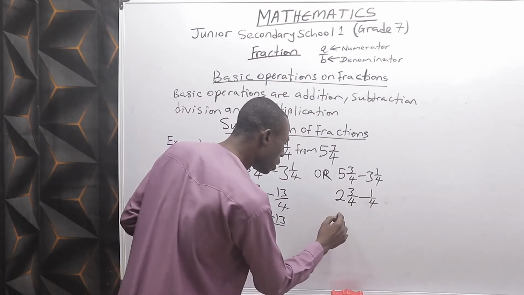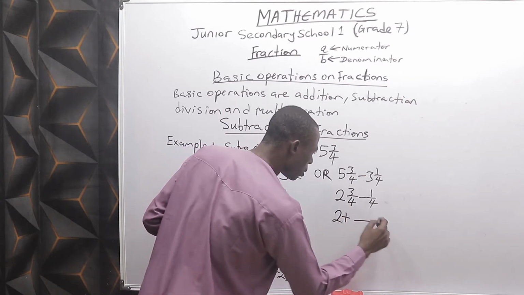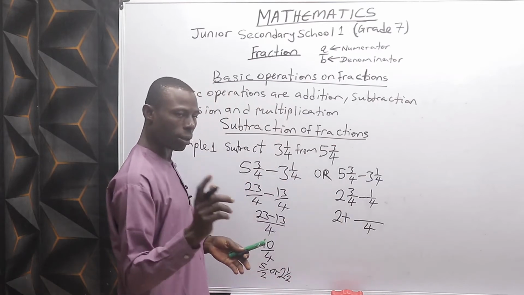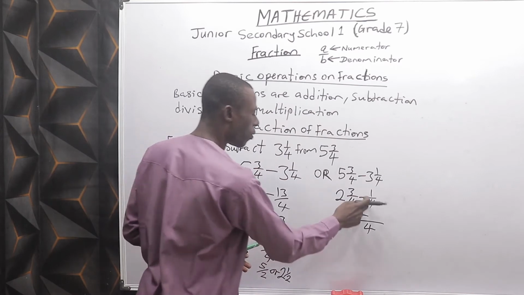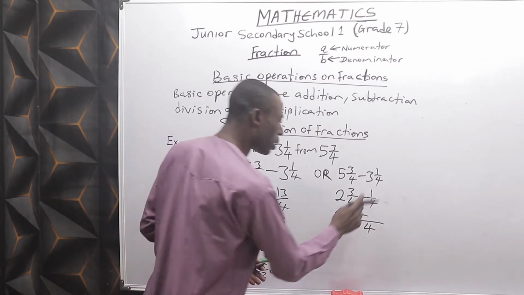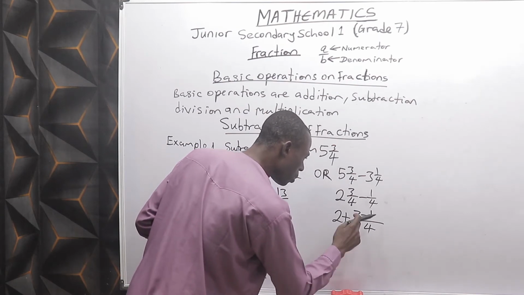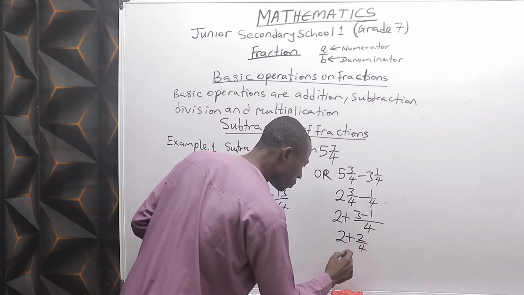Either of the way. So if you rewrite it as 2 plus, the LCM of this is 4. We have 4 in 4 is 1. 1 times 3 you write 3 minus 4 in 4 gives 1. 1 times 1 is 1. So this is 2 plus 3 minus 1, that is 2 over 4.